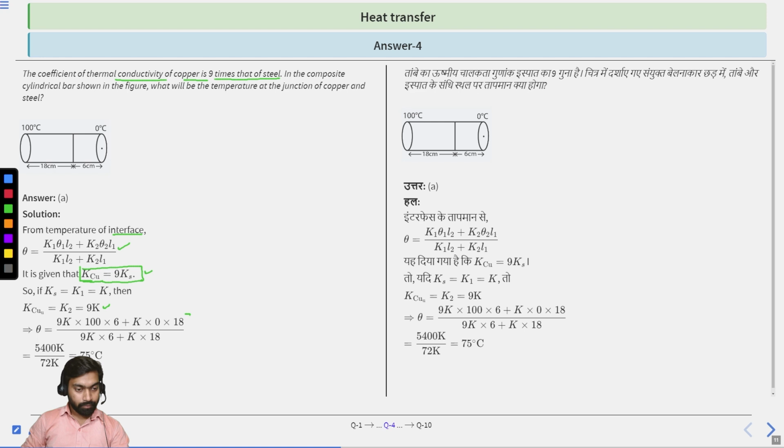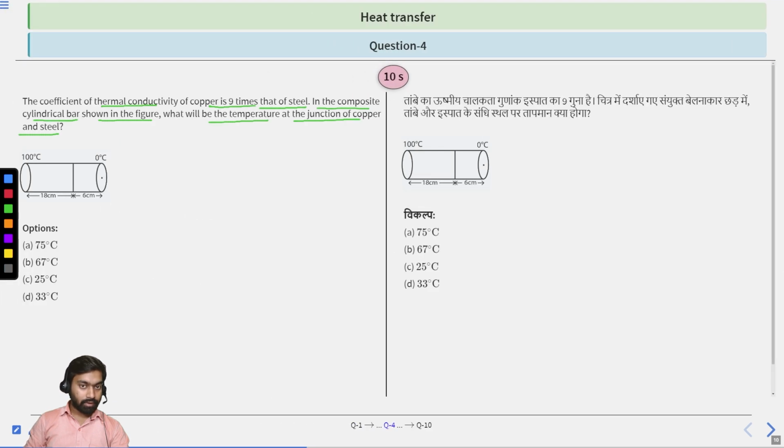Solving, you get 5400K divided by 72K, which equals 75 degrees Celsius. So 75 degrees Celsius is the correct answer. Option A is correct.